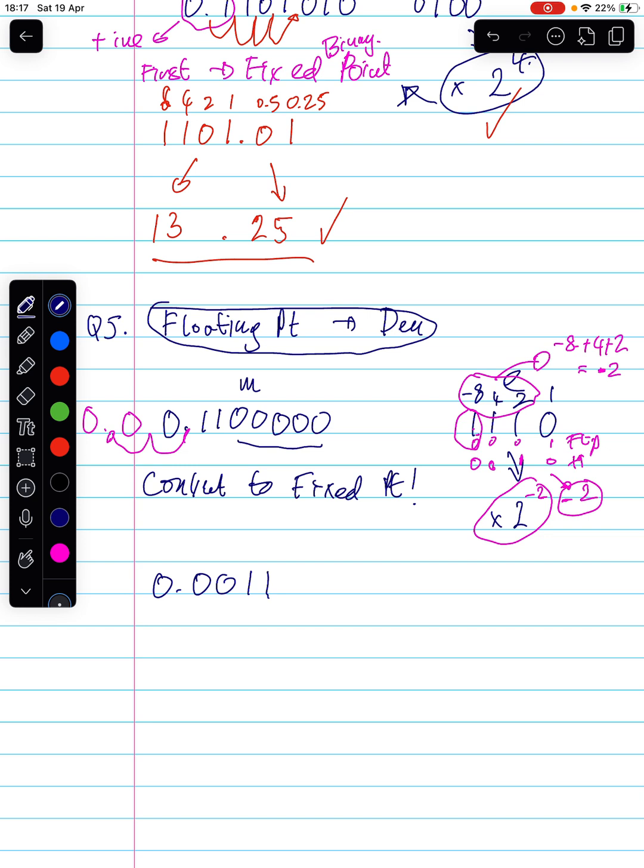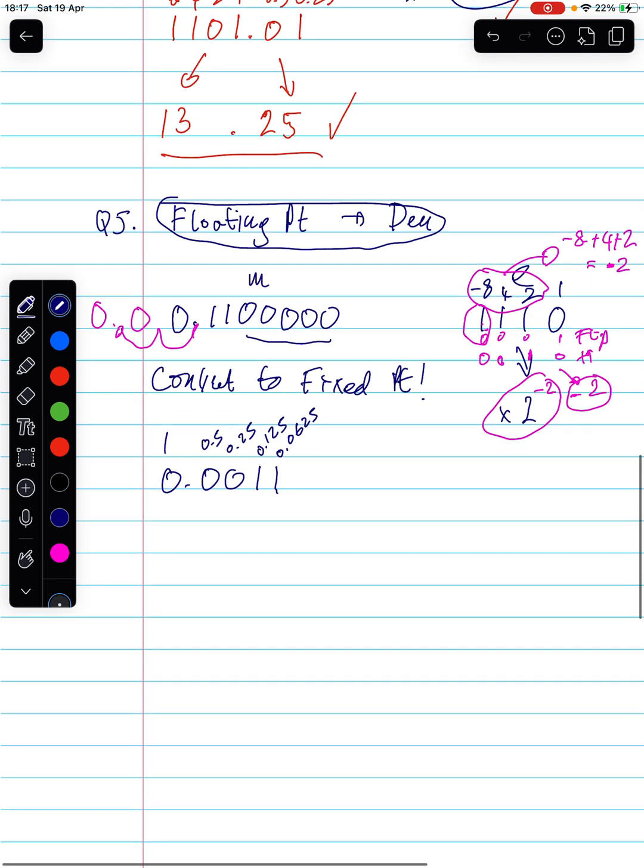Okay, and we don't need to bother with these zeros. So let's write our column headings. So that's 1, 0.5, 0.25, 0.125, 0.0625. You can see why you need to learn these column headings.